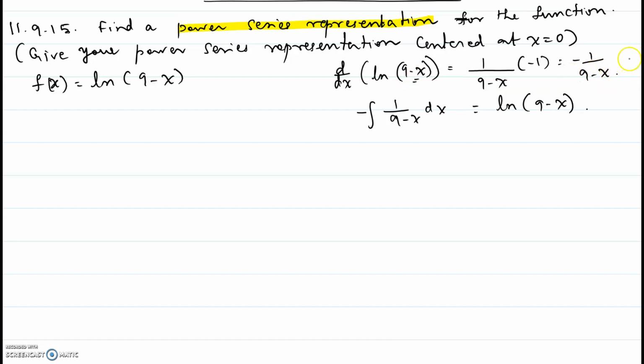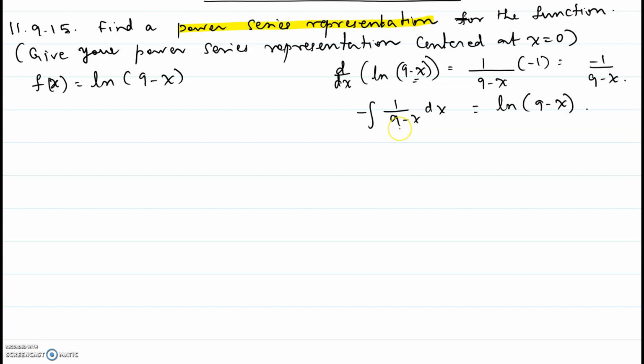So if you inverse the process, if you integrate the right hand side, you get ln of 9 minus x. So that is the idea we want to bring in here. Which one looks like a geometric series? We want to relate the whole thing to a geometric series.